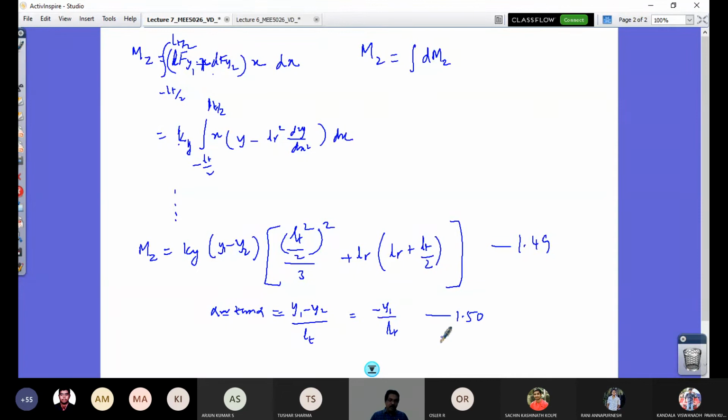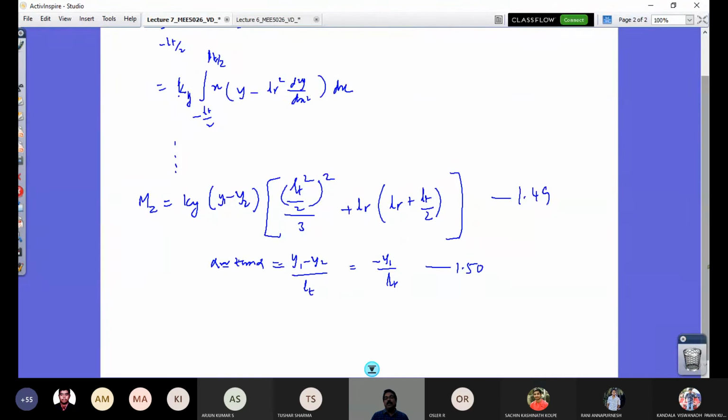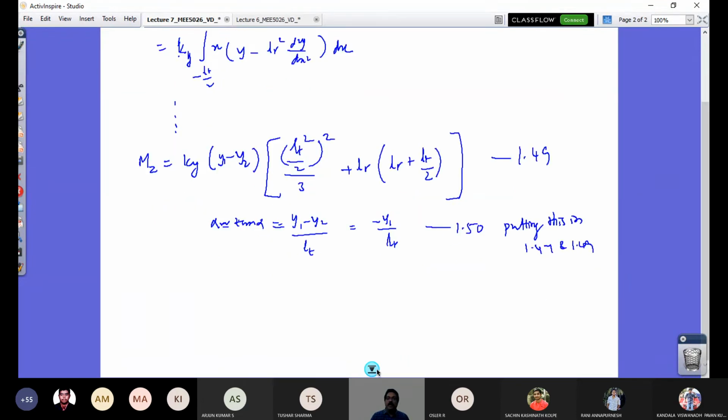So substitute this 1.50 in these two equations. What are the two equations? One is my Fy equation, that's 1.47. Another one is my Mz equation, 1.49. So putting this in 1.47 and 1.49, I would be able to get my expression further.